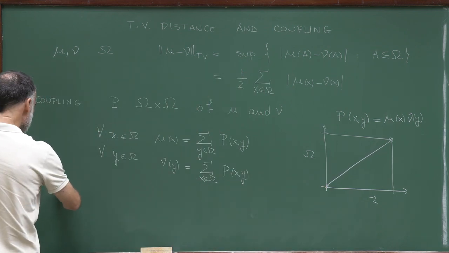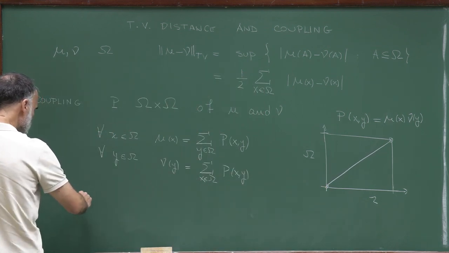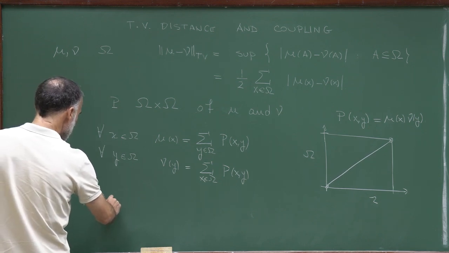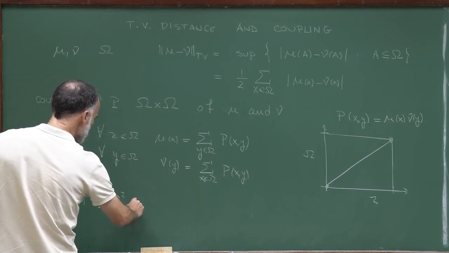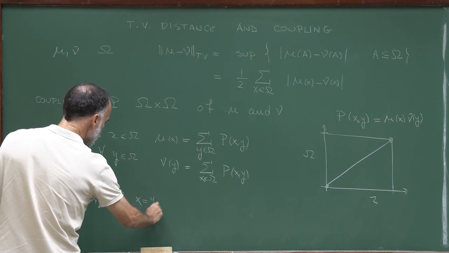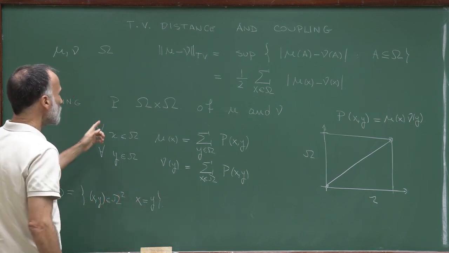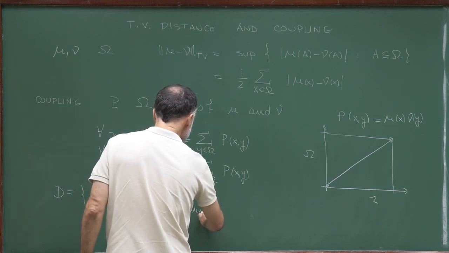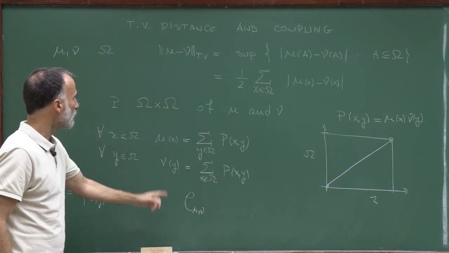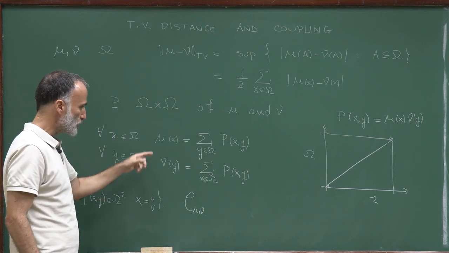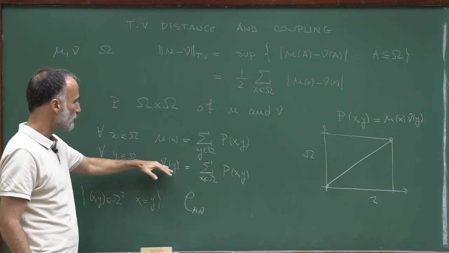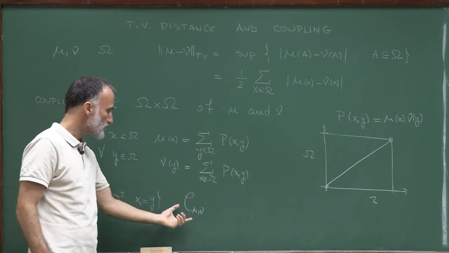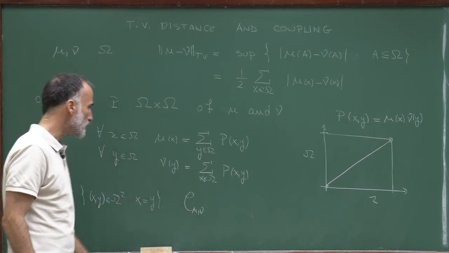Let me call the diagonal D the set of (x,y) in omega squared such that x is equal to y. Let me call C(mu,nu) the set of all probabilities which satisfy these two equations. So C(mu,nu) will be the set of couplings between mu and nu.